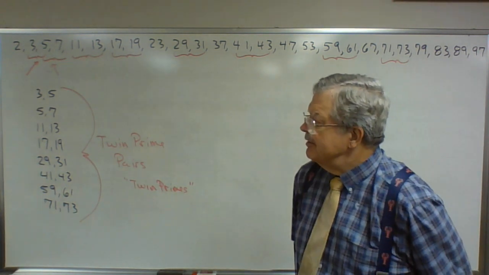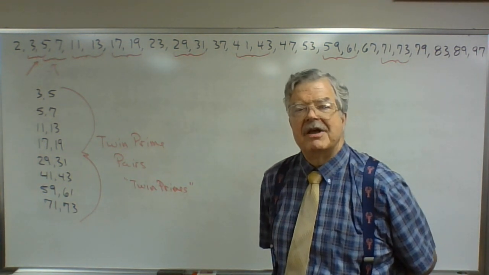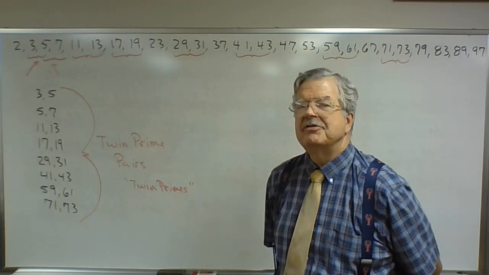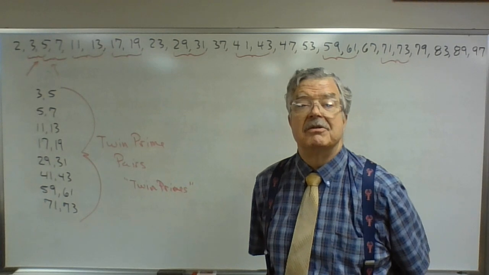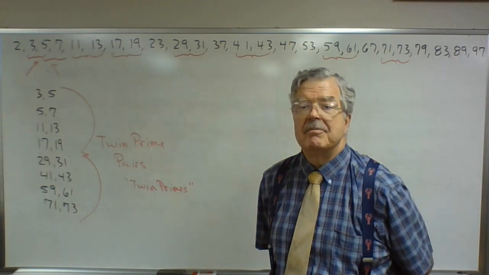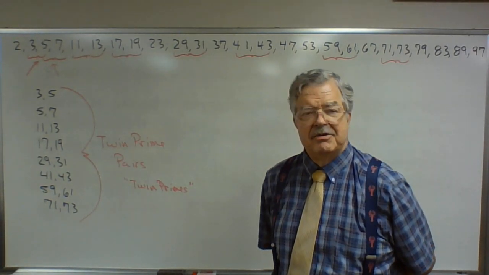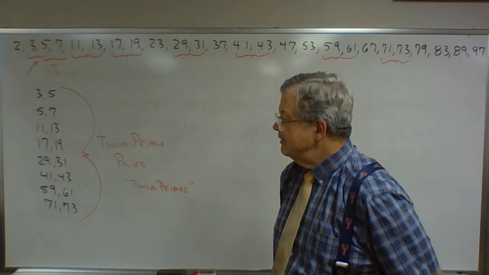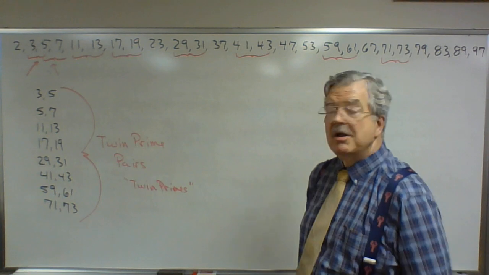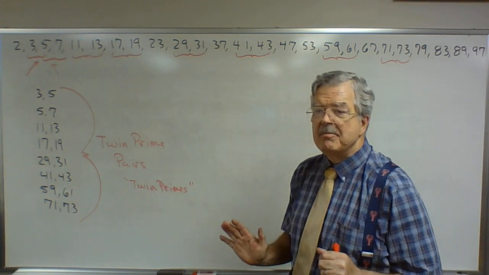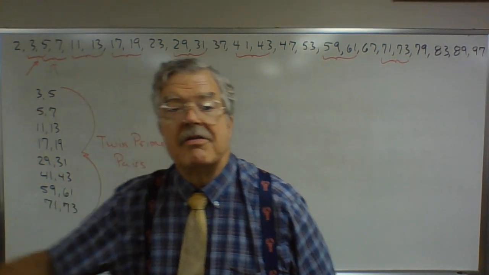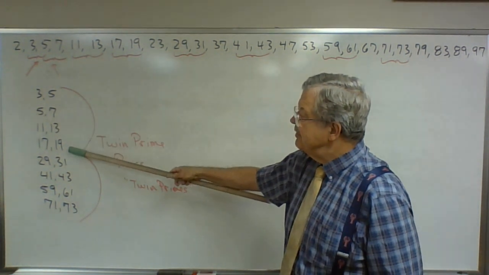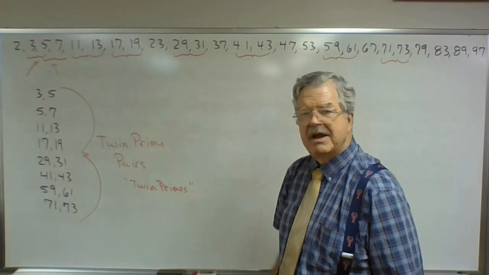Now we might wonder if, like prime numbers themselves, they become more and more scarce as we move up into the larger natural numbers. The answer is yes. And so we might wonder, well, we know there are infinitely many prime numbers, but are there also infinitely many of these twin prime pairs?